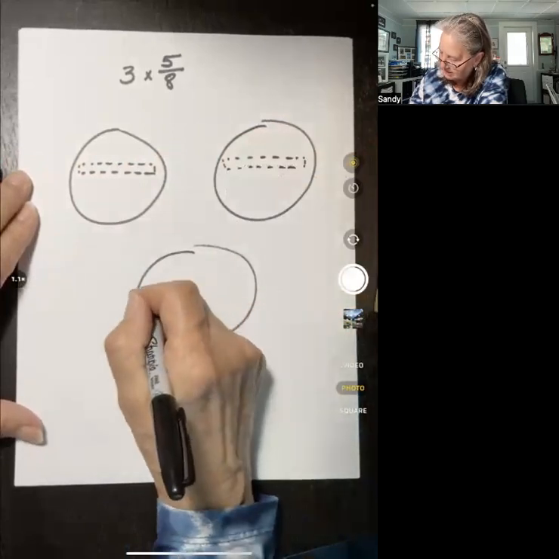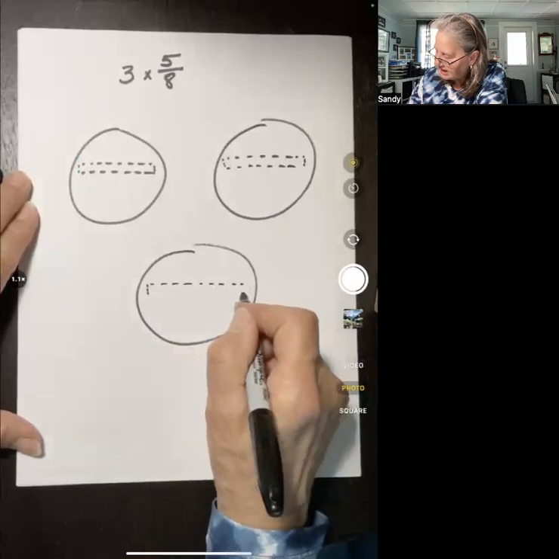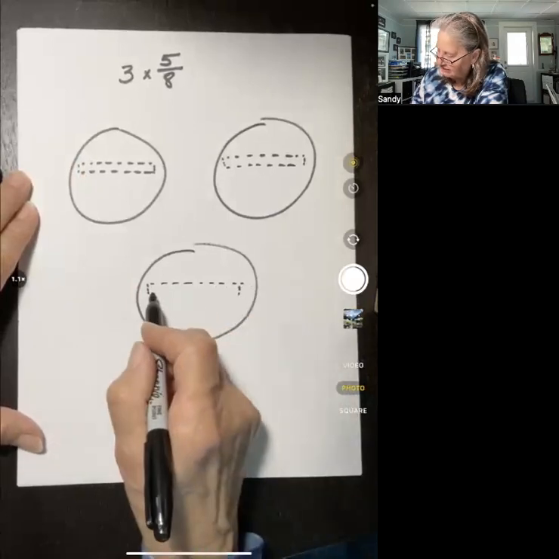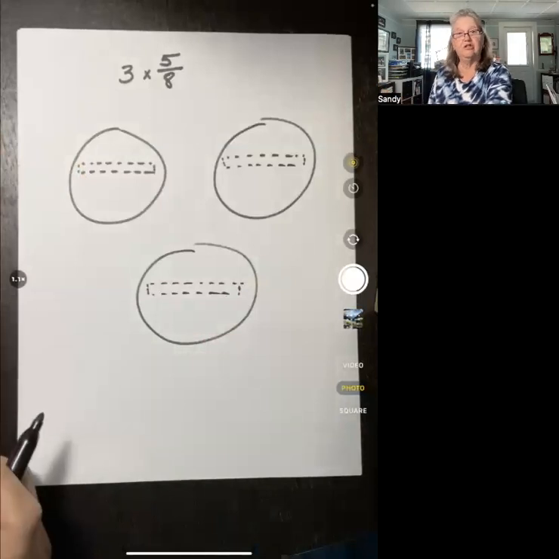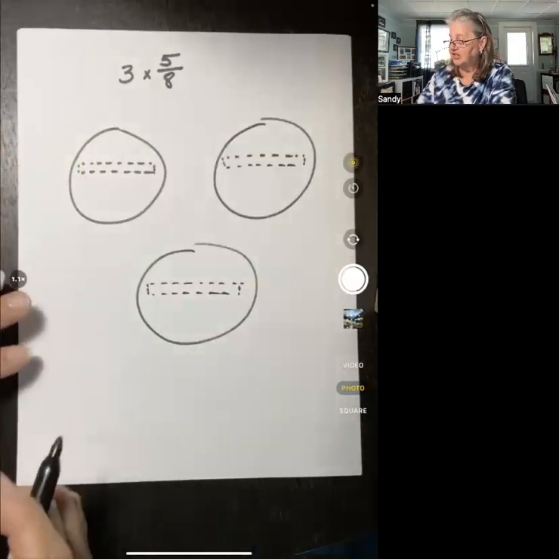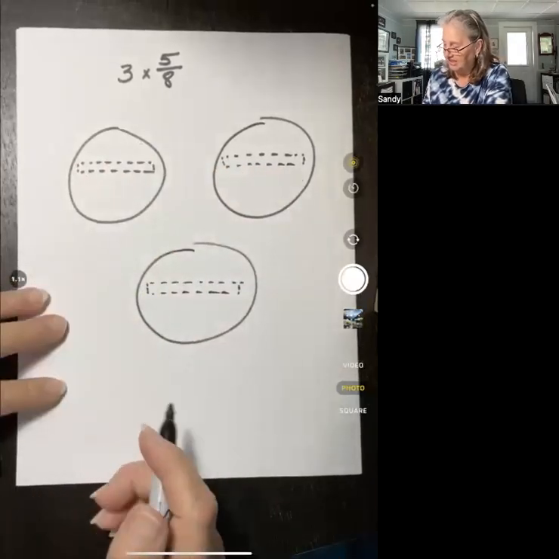I think of things as a measurement model, so it reminds me of a ruler. Nothing says that I couldn't have drawn bigger, thicker rectangles, oblongs. I could have used circles, but for some, using this model helps because it matches their kit. They're drawing what they see there.